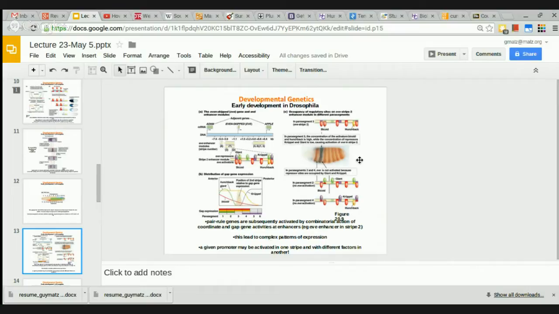But this is actually a fascinating point that they don't go through that much: why is it that in stripe 2 it is this little element here that's on, if you will, that controls the expression and responds to these factors, bicoid and hunchback, and these other elements are not influencing the expression of Eve? That has to do with chromatin structure. Did I answer the question? Great. That was an excellent question. It shows that you understood that.